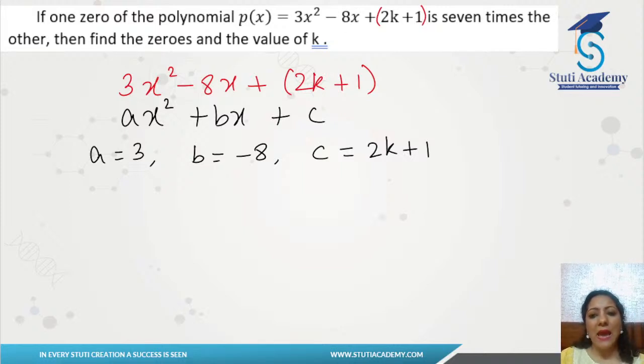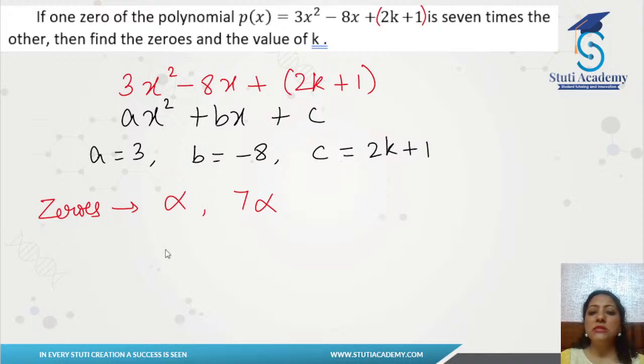So instead of taking alpha and beta, we can take one zero as alpha, so the other is 7 alpha. We have to find the zeros, that is alpha and 7 alpha, and also the unknown value k.